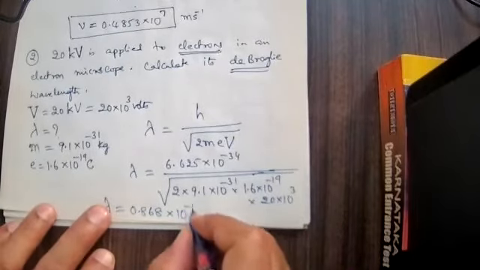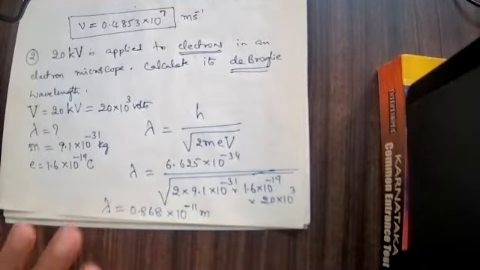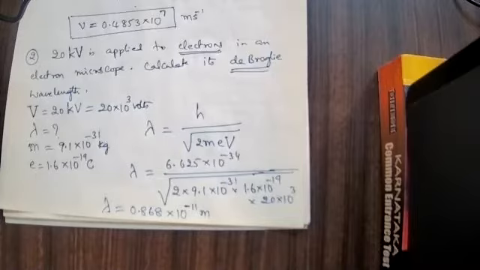Minus 11. Okay, correct. Monisha, you are right. 0.868 times 10 to the power of minus 11 meter.